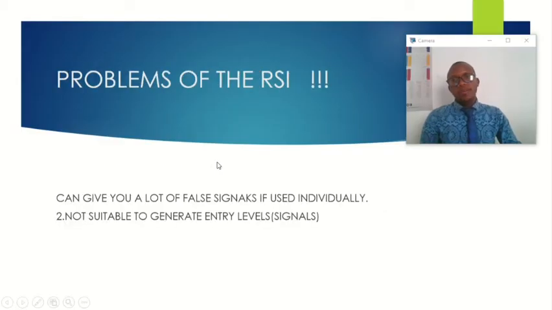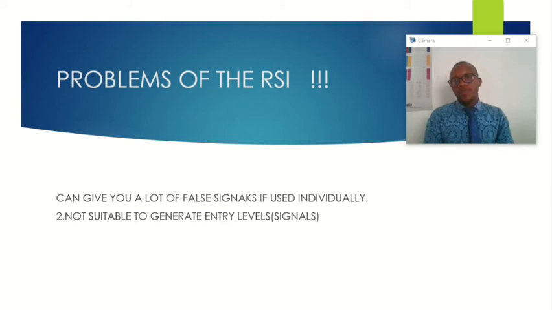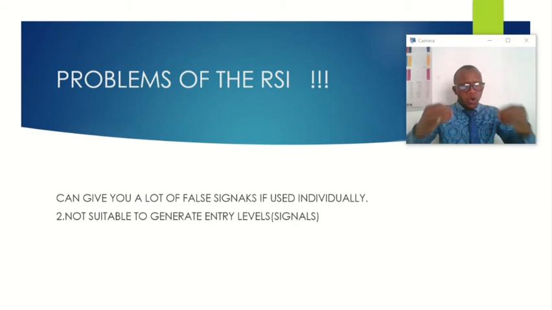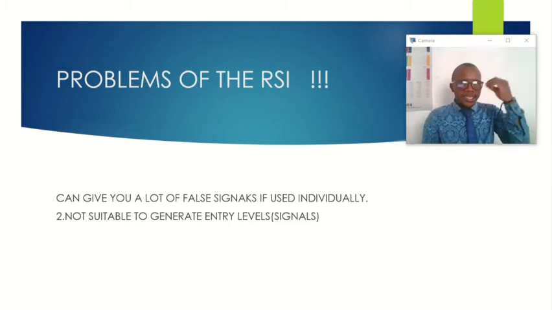So there are problems with the RSI, because everything has advantages and also disadvantages. The RSI can give you a lot of false signals, guys. But the crucial one is the divergence.